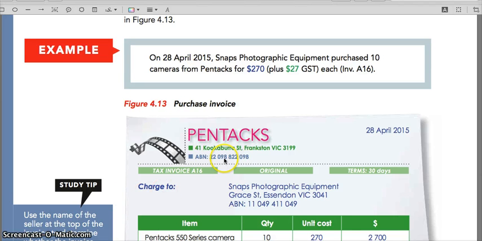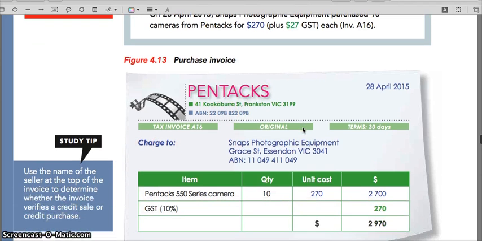If we have a look at figure 4.13, our client will be Snap Photographic Equipment, and their supplier will be Pentax. This is the name of the creditor, and this is our client.